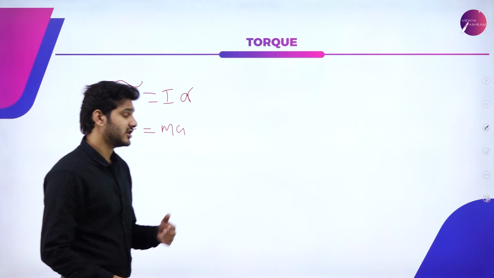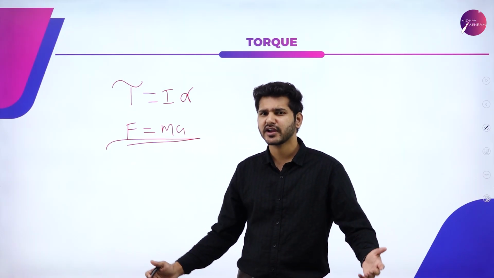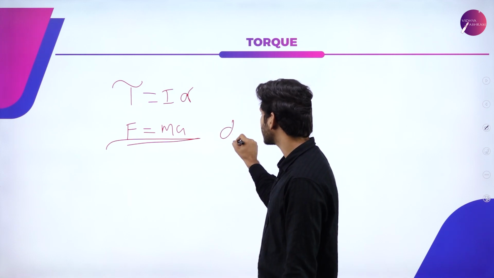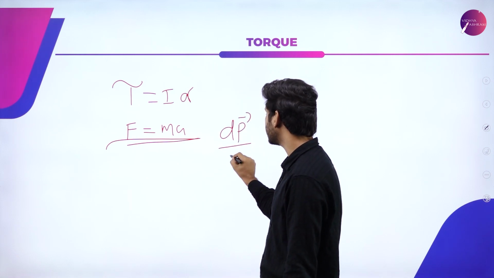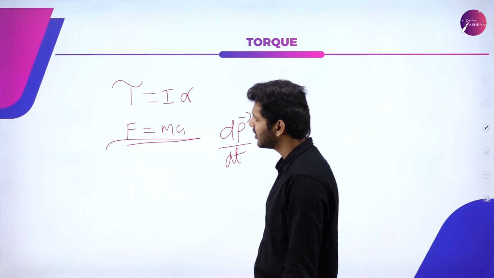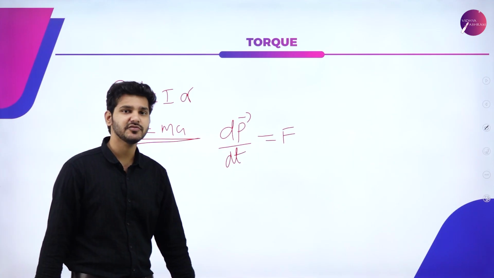So again, in Newton's second law, what was this law defined as? Newton's second law states that the rate of change of linear momentum is directly proportional to the force applied. Here I'm just writing equal to F because K is a constant equal to 1.